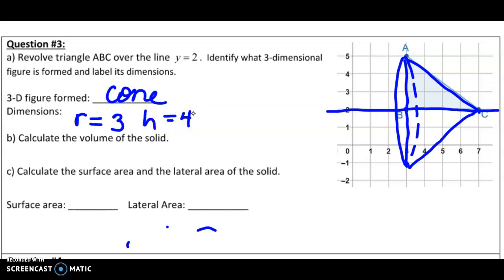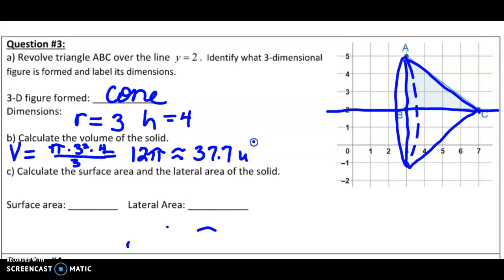So the volume is pi r squared times the height all over 3. The volume of this will be 12 pi, approximately 37.7. And that's a volume, so it's in cubed units.